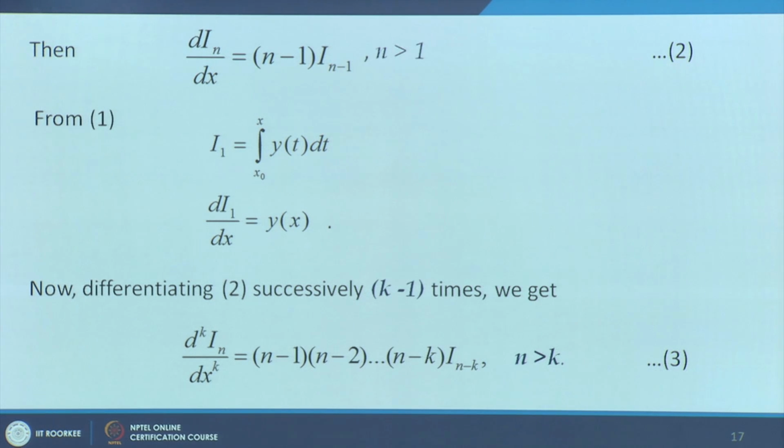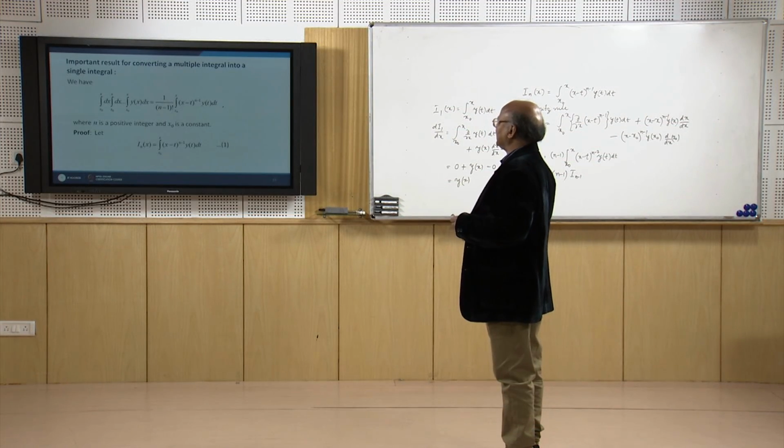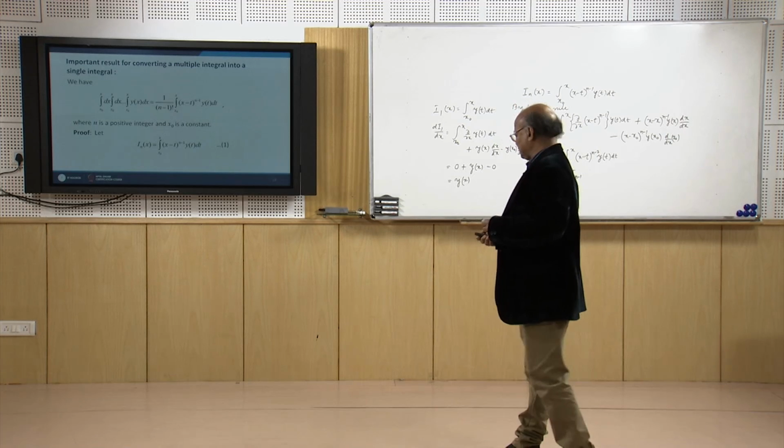I_(n minus k) will also be 0 by our notation. I_(n minus k) is the integral from x naught to x of (x minus t) raised to the power n minus k minus 1 by f(t) dt. So, where n is greater than k, I_(n minus k) is also 0 at x equal to x naught.